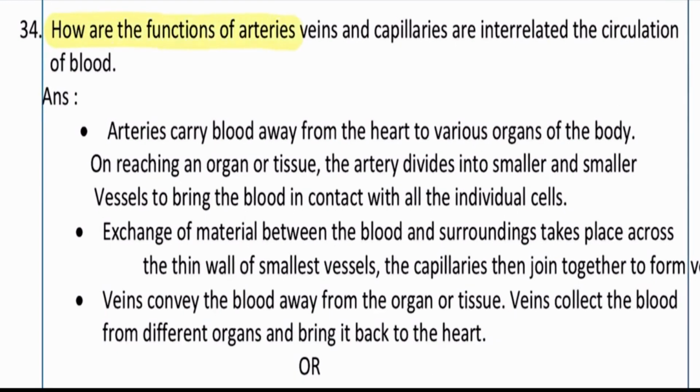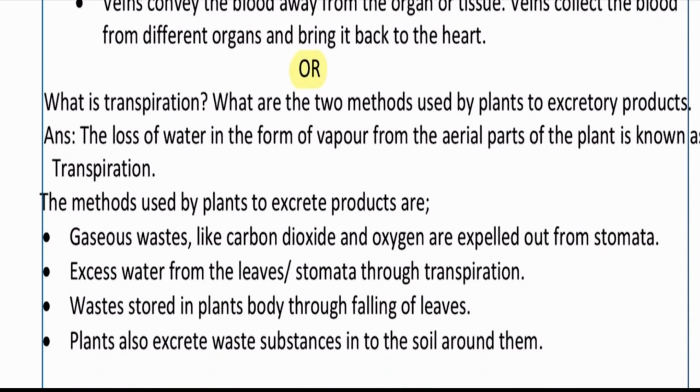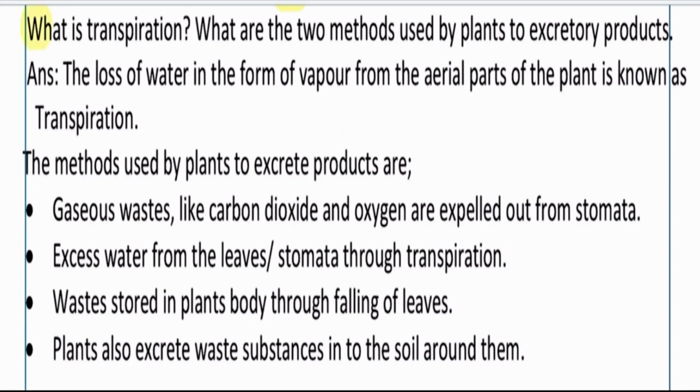How are the functions of arteries, veins and capillaries interrelated in the circulation of blood? Answer is provided here. Or next question. What is transpiration? What are the two methods used by plants to excrete products? Here the answer is provided.